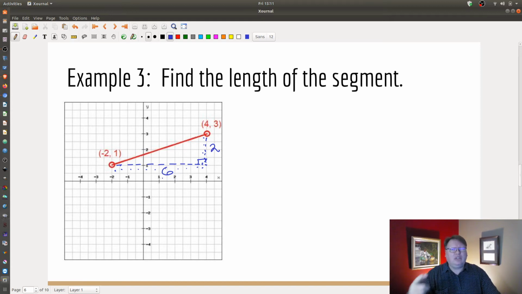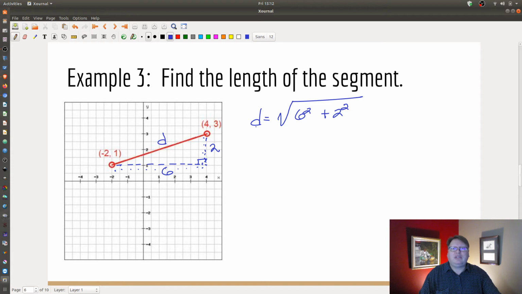This one about tricked us up. I about told you wrong. So we're going to say the distance D is just equal to the square root of 6 squared plus 2 squared, because we're doing the Pythagorean theorem.